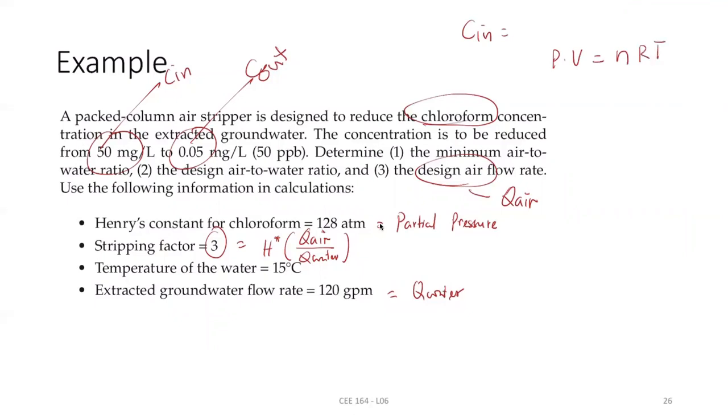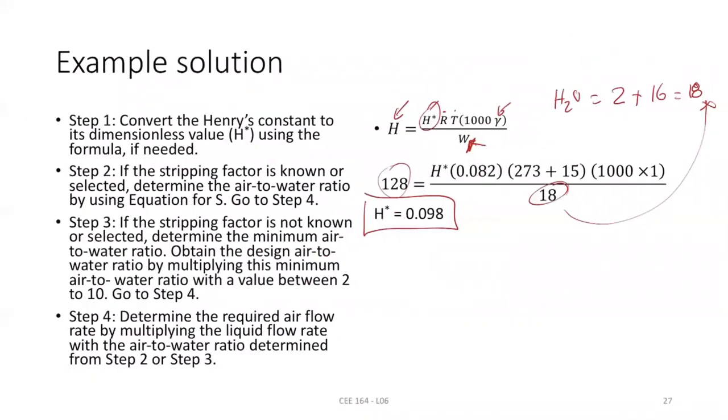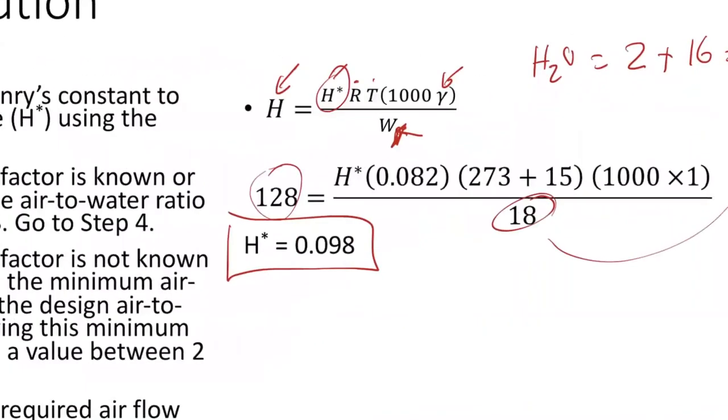If you know the Henry constant in atmospheres, then you can convert to the dimensionless constant using these equations. I think we learned that in CEE153, or just check online because we don't want to cover it again. But I have given the equations here. You can substitute directly, and you should be able to get that number.